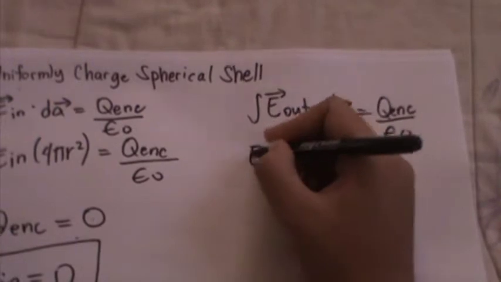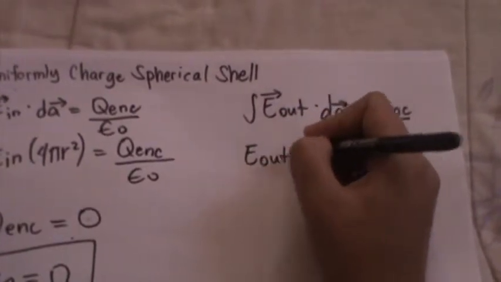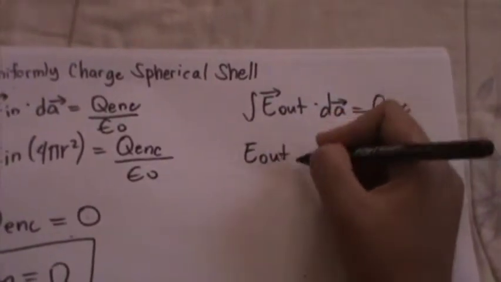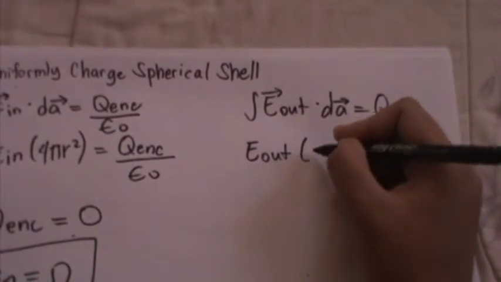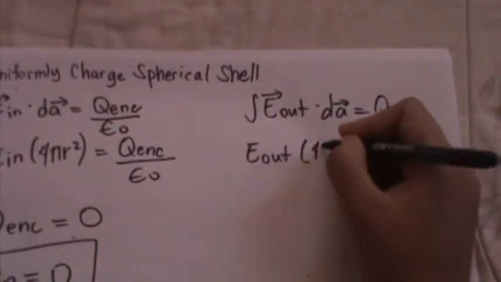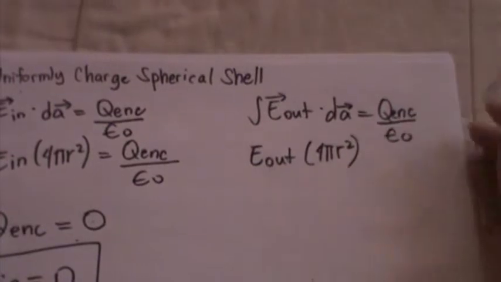So E outside, the electric field outside, is multiplied by the area of the spherical shell, 4 pi r squared.